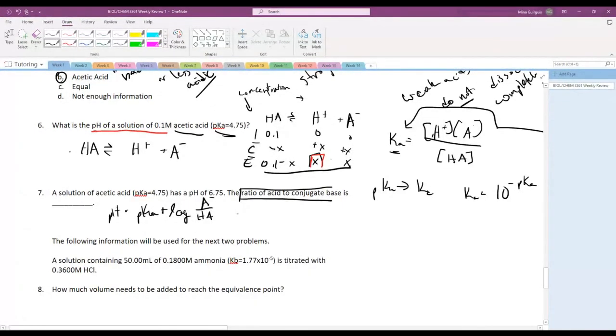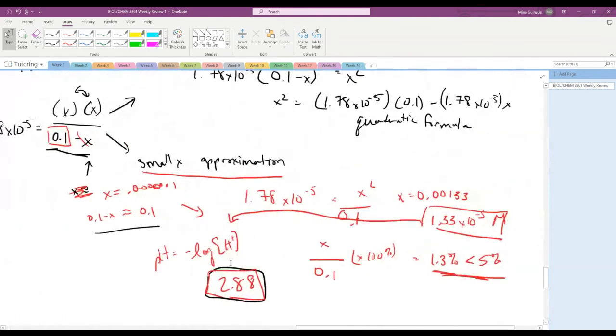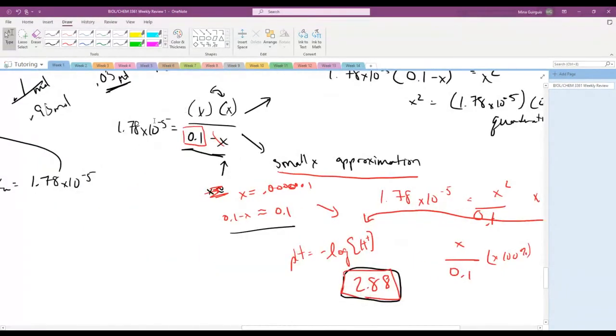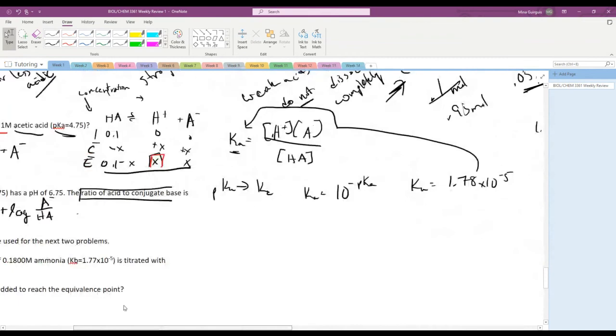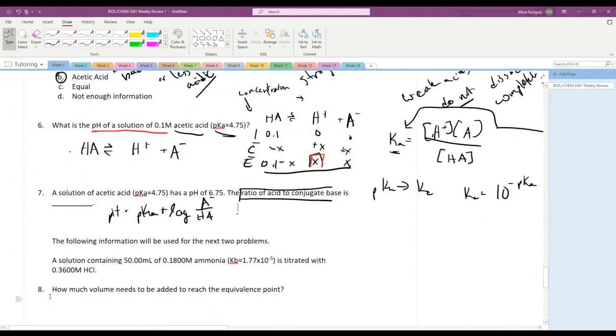So if I were to solve this using ice tables, I would effectively do what we did for number 6 backwards. I would say, given this pH, what's our concentration of H+? Given this concentration of H+ and the pKa or Ka, which we know, what had to be this concentration down here, kind of setting up the ice table, and it's just kind of a process.